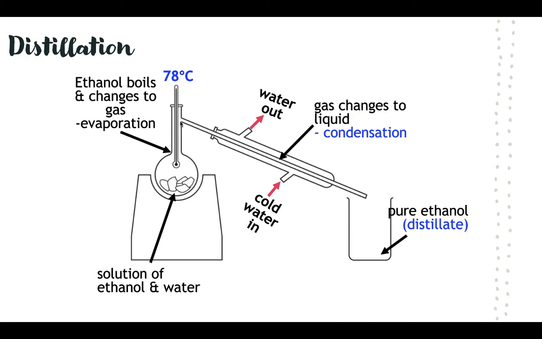The gas then passes through this side arm into this tubing. The tube is surrounded by cold water, which is pumped in at the bottom and out at the top. The difference in temperature allows the ethanol gas to condense into a liquid, and the liquid then pours out of the tube and into the collection beaker at the bottom.